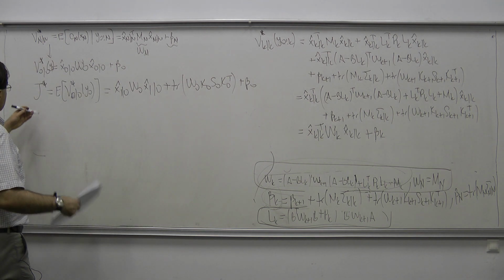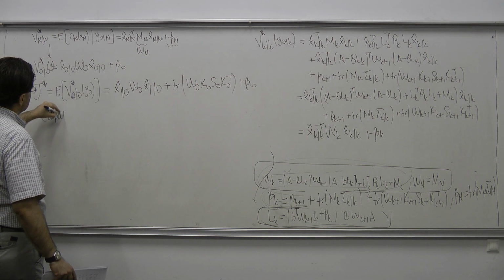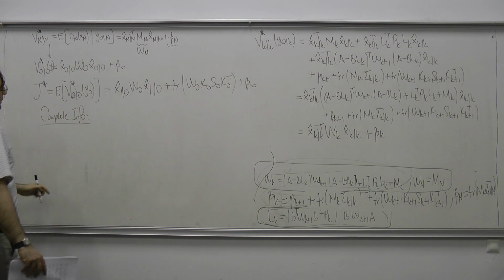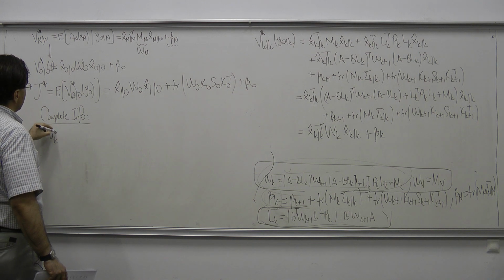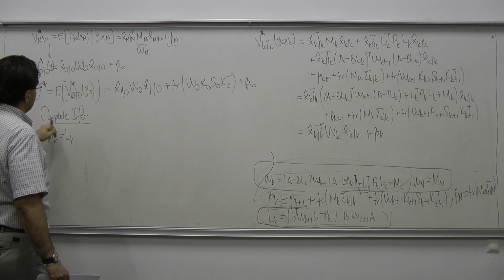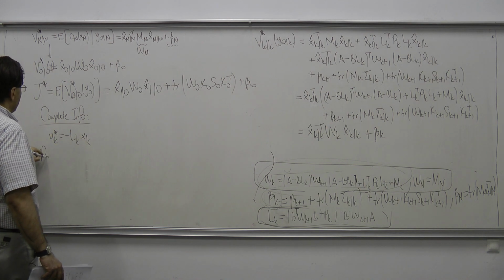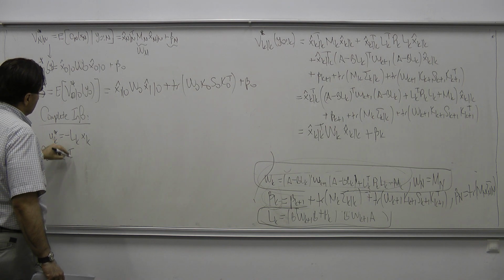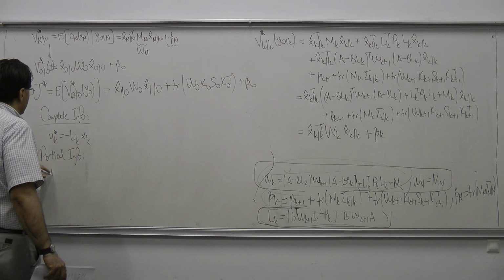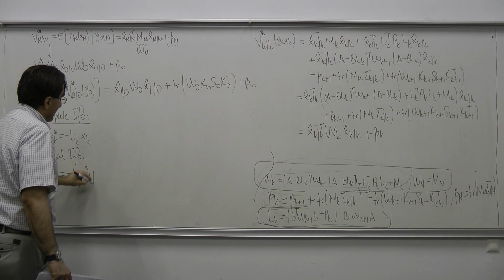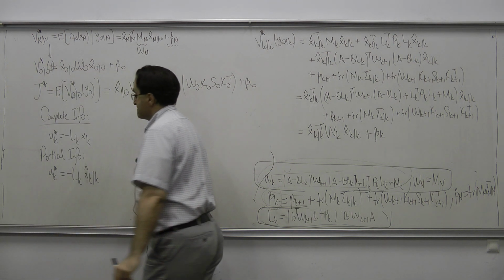So now we had the complete information case. In that case, we had UK star equal to minus LK XK, and in the partial information case, we have UK star equal to minus LK x at k given k.